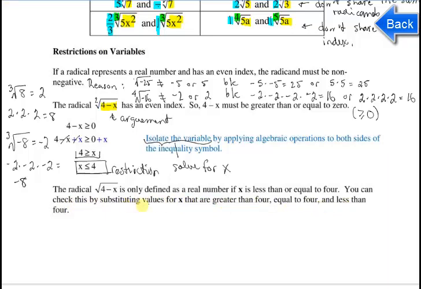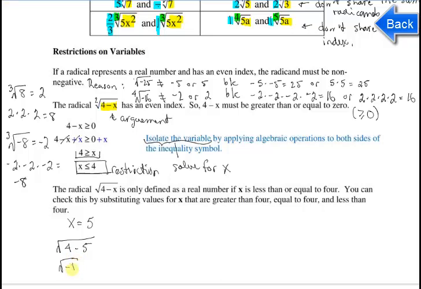Let's pick a value for x which is greater than 4. So let's pick x equal to 5, let's say. Okay, so let's plug that in. We're going to get the square root of 4 minus 5, and then we get the square root of negative 1.